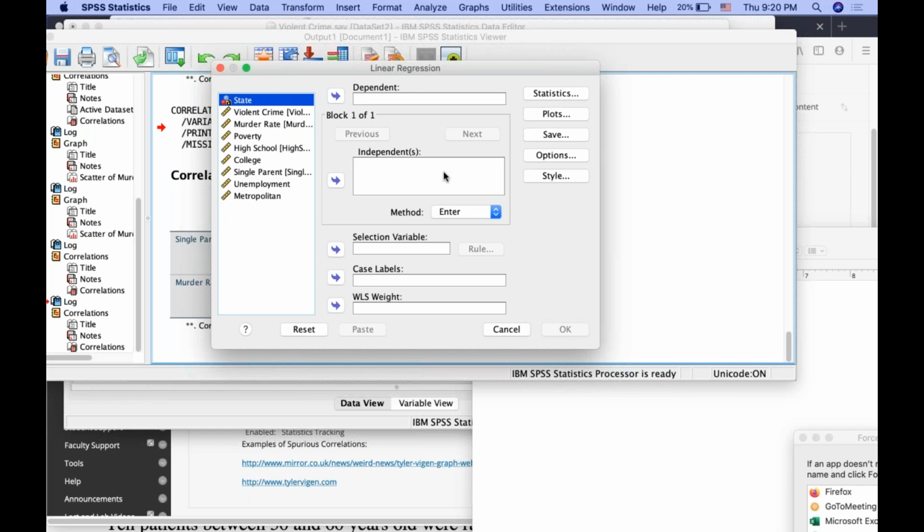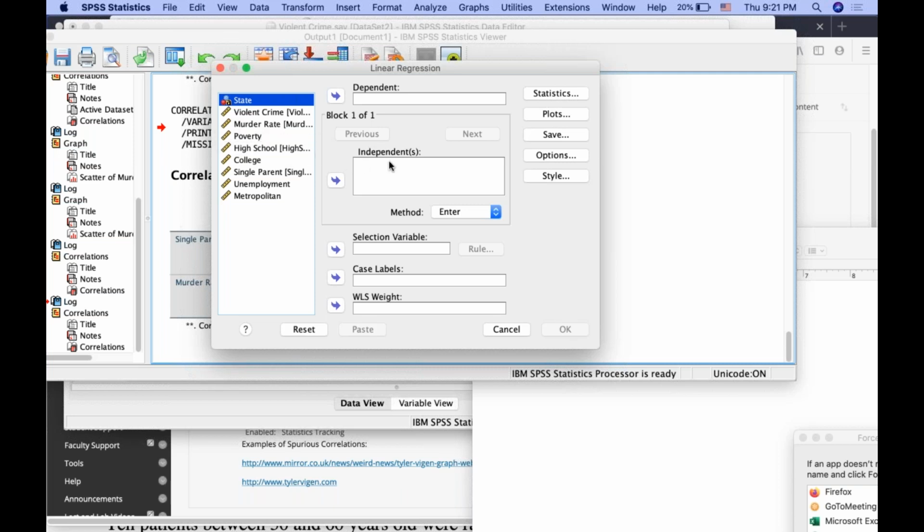It makes more sense that the percentage of single parent households has an association where it's causing a higher murder rate. So the independent variable is the percentage of single parent households. The dependent variable, the thing that depends on the independent variable, is the murder rate.